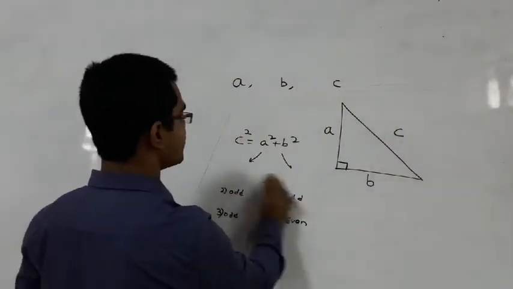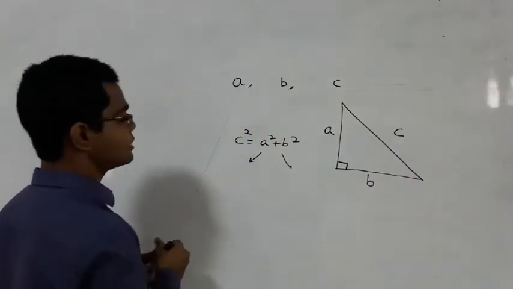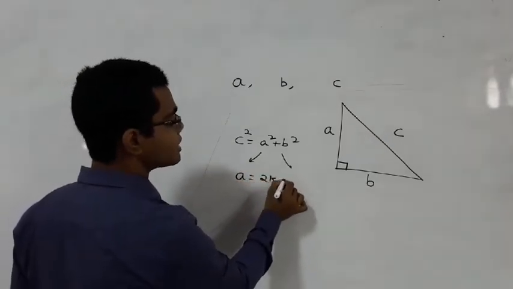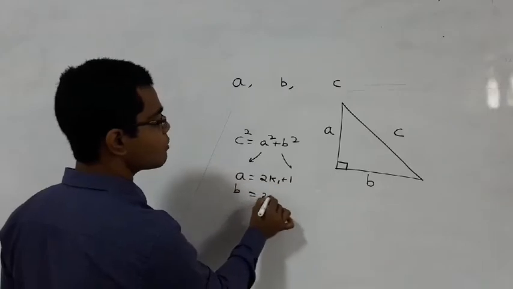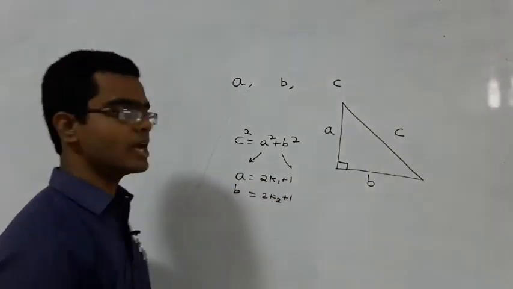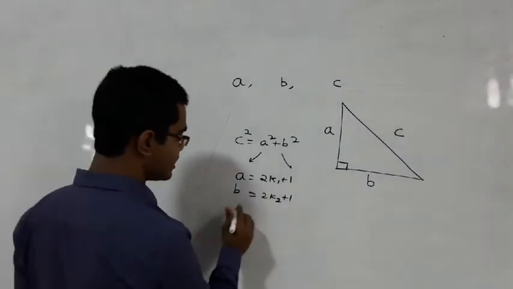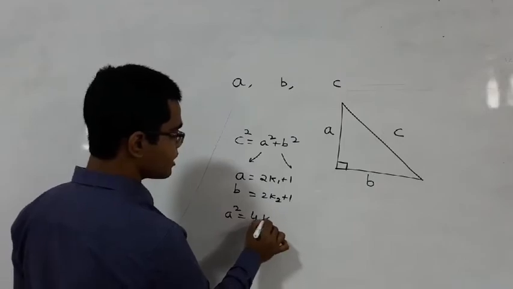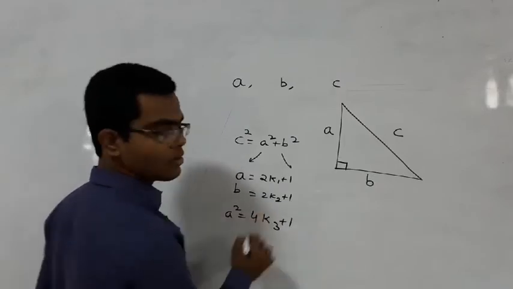Imagine both A and B are odd. A is equal to 2k1 plus 1 and B is equal to 2k2 plus 1, two odd numbers. When we square them, A square is going to become 4k3 plus 1. What is this k3?